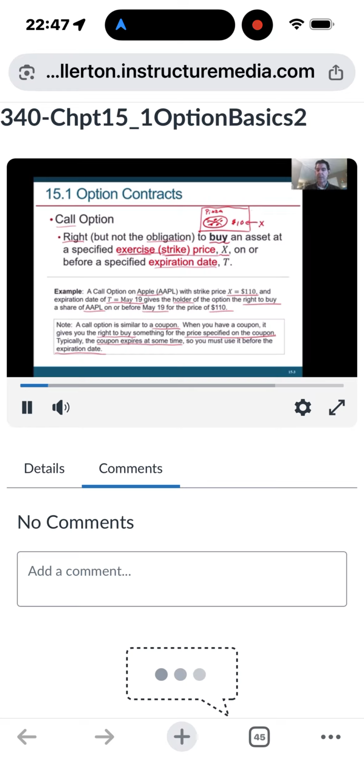So this is what we are calling X, the exercise or the strike price. Additionally, a coupon has an expiration date. So let's say it expires May 19th. What would that be? We're going to call that capital T. So that is our expiration date, capital T. And what does that mean? That means you have to use the coupon, of course, before May 19th.